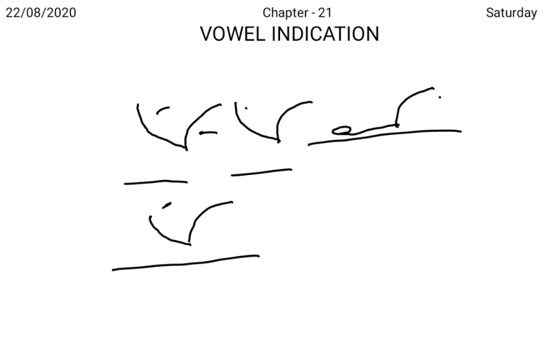In the same way, valley, you need not mark this E vowel. The reason: after V, when we see upward L, that means there must be a vowel after L. That vowel may be implied. That need not be written. In the same way, scaly also. After L, that E vowel need not be written because after circle K, if we write upward L, that means after L there is a vowel.